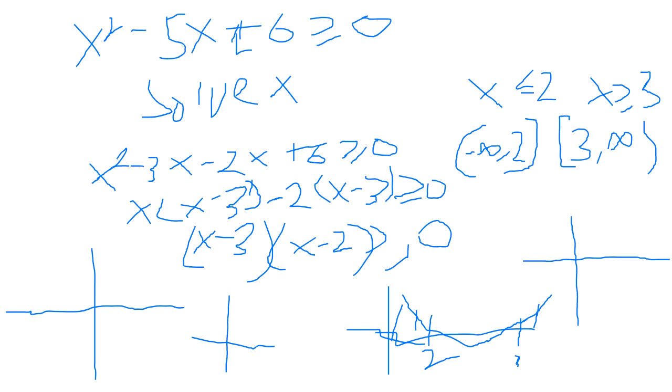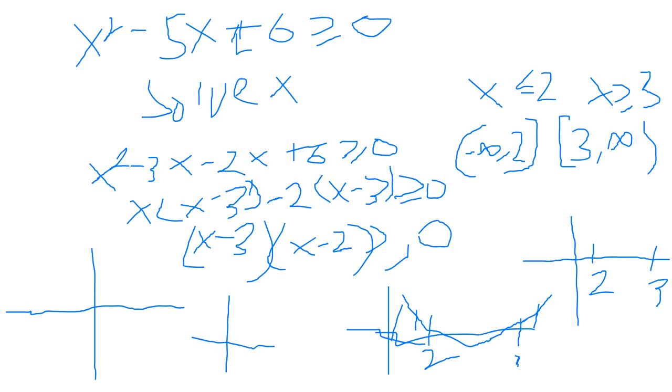So you see that we will draw the graph with 2 and 3. When the coefficient is positive, you have a minimum curve. When the sign is negative, you have a maximum curve.